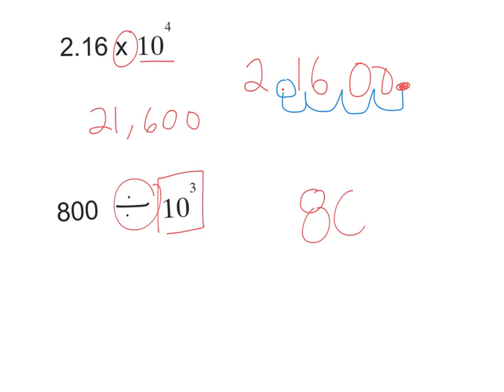So if I have 800, once again I don't see a decimal point. Where is the decimal point? It's hiding. Where is it hiding? Jack? After the second 0, because the second 0 is the ones place. So if I'm going to move it 3 spots to the left, 1, 2, 3, my new decimal point is here.